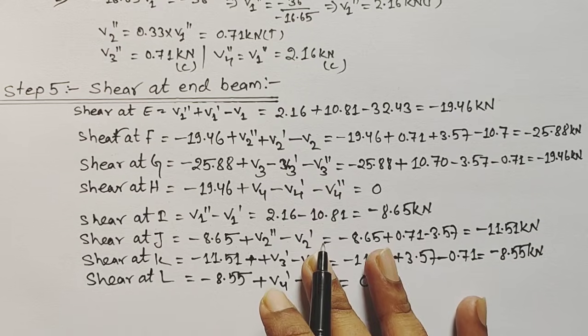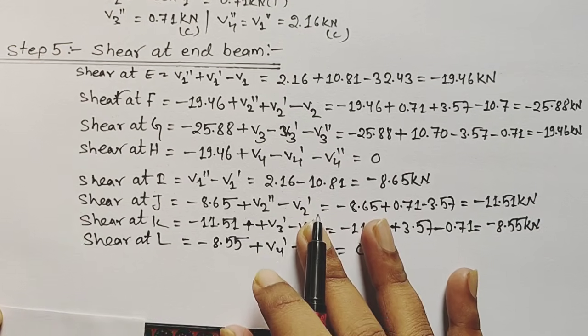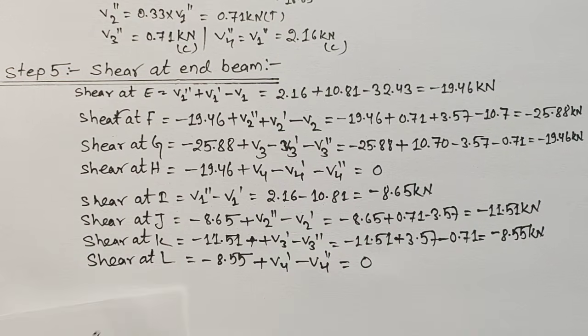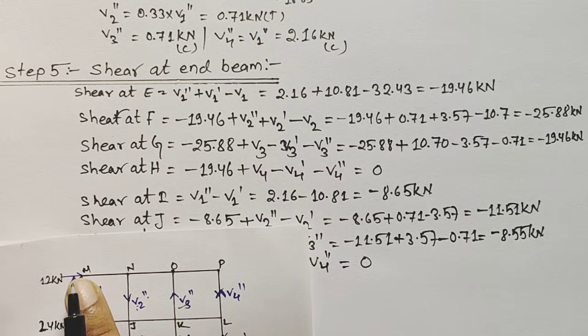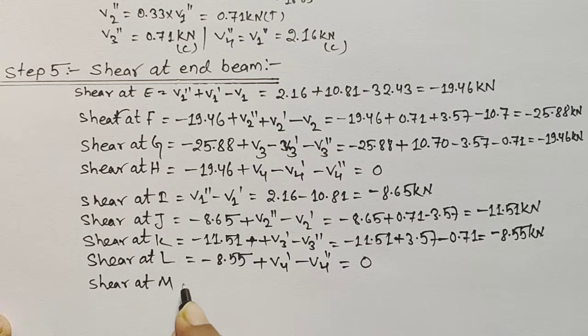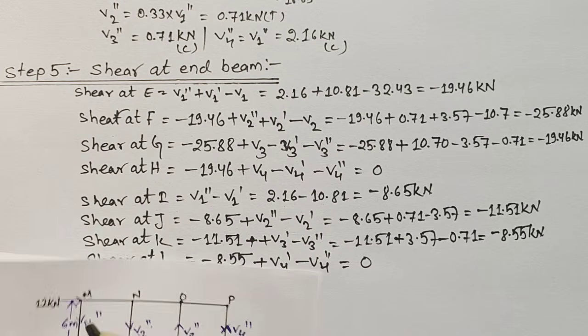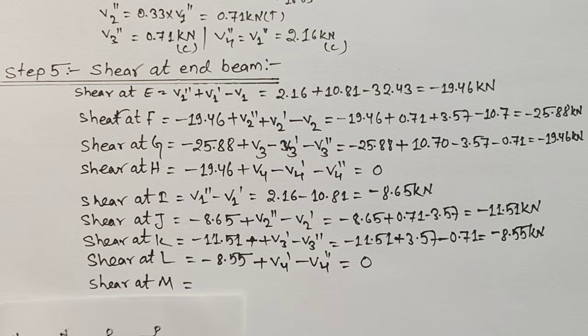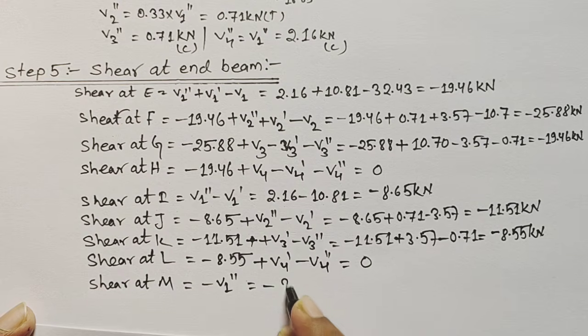Similarly, find now the shear in the final or the third story. We will calculate accordingly shear at M and N. So shear at M will be equals to, at M V1 is moving away, so minus V1 double dash, so it will be minus 2.16 kilonewton.